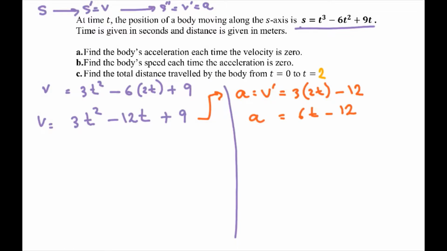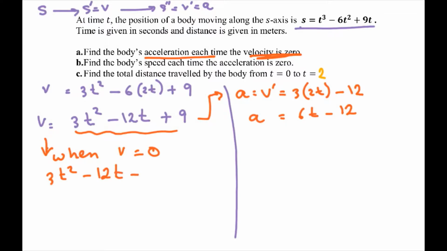Now, they want us to find the acceleration each time the velocity was 0. I need to find when the velocity was equal to 0. When v equals 0, I'm going to make this equal to 0 and solve this equation. So 3t squared minus 12t plus 9 equals 0.